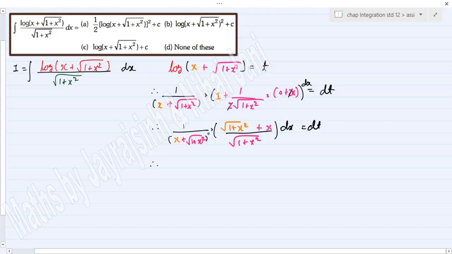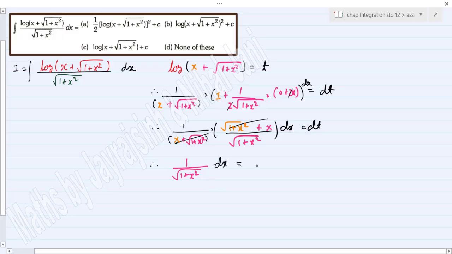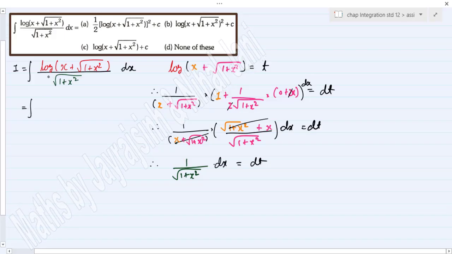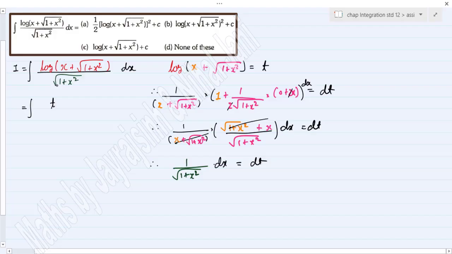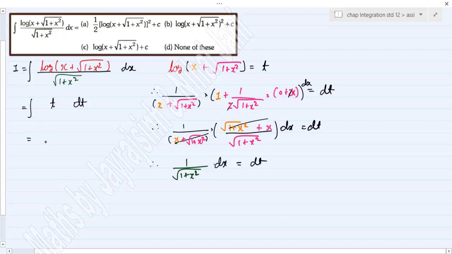So x plus under root of 1 plus x square will cancel out, and we will get 1 upon under root of 1 plus x square dot dx is equal to dt. So we are ready to modify our integration. Instead of log of x plus under root of 1 plus x square, we can say we have t, and 1 upon under root of 1 plus x square dot dx will be your dt. So we just have to integrate t, which will be t square by 2 plus c.